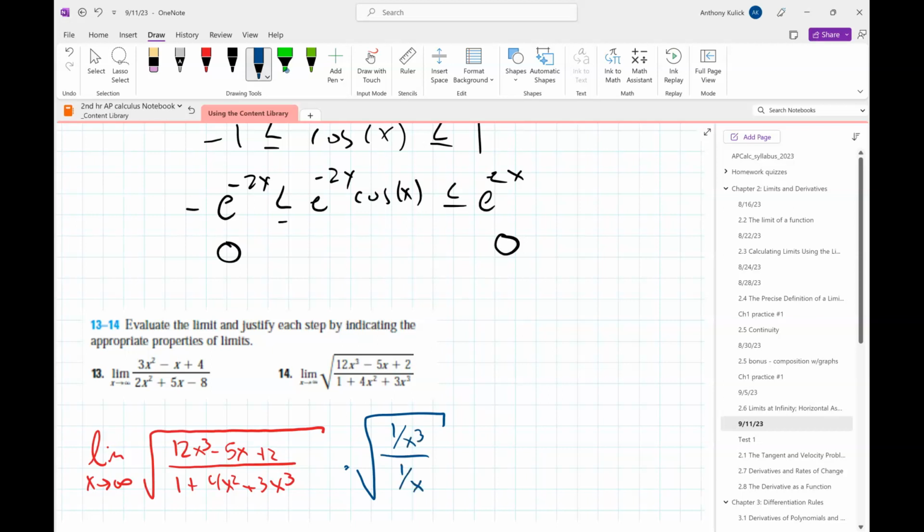So multiply the top and bottom by the square root of 1 over x cubed, right? Yeah, without zeroing the denominator out. And you're getting rid of the square root by multiplying? No, the square root stays there. You just need the square root to go under it.